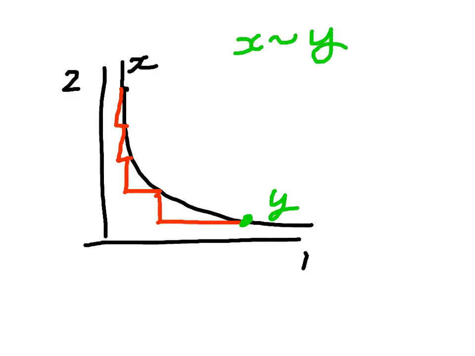Well, if I'm indifferent between X and Y, there is no reason that I would not also be indifferent to a third bundle, which is the linear combination.